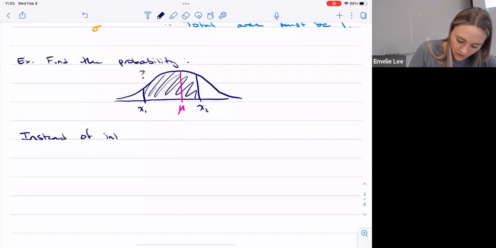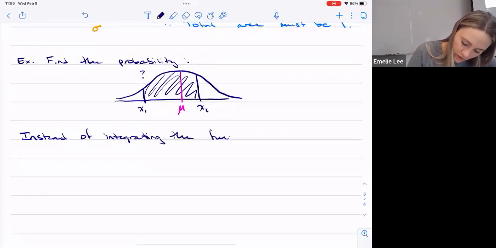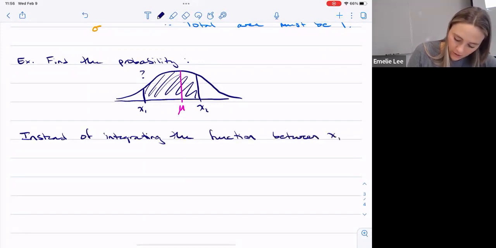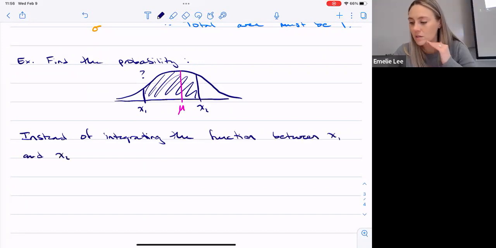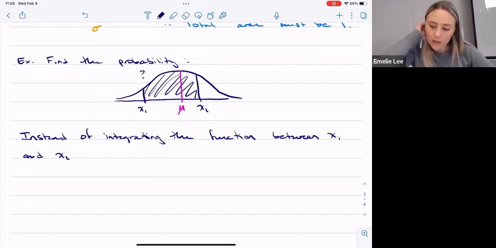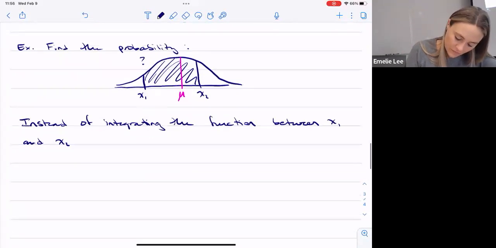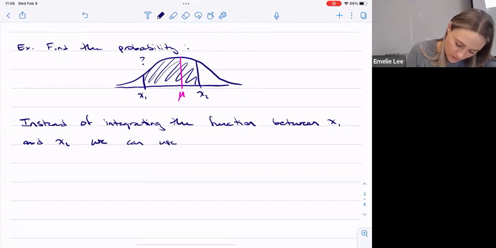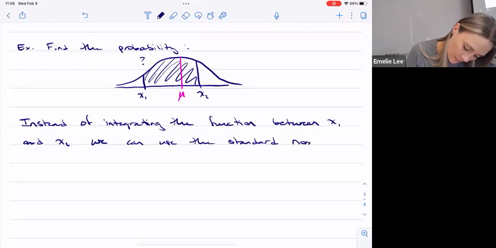Instead of integrating the function between x1 and x2, we can use the standard normal table, which I'll just call a Z table.